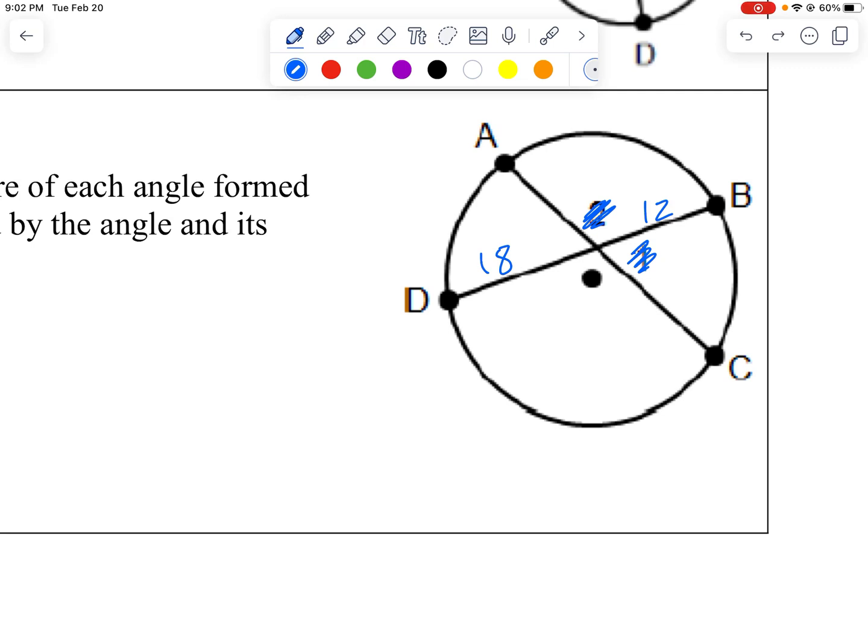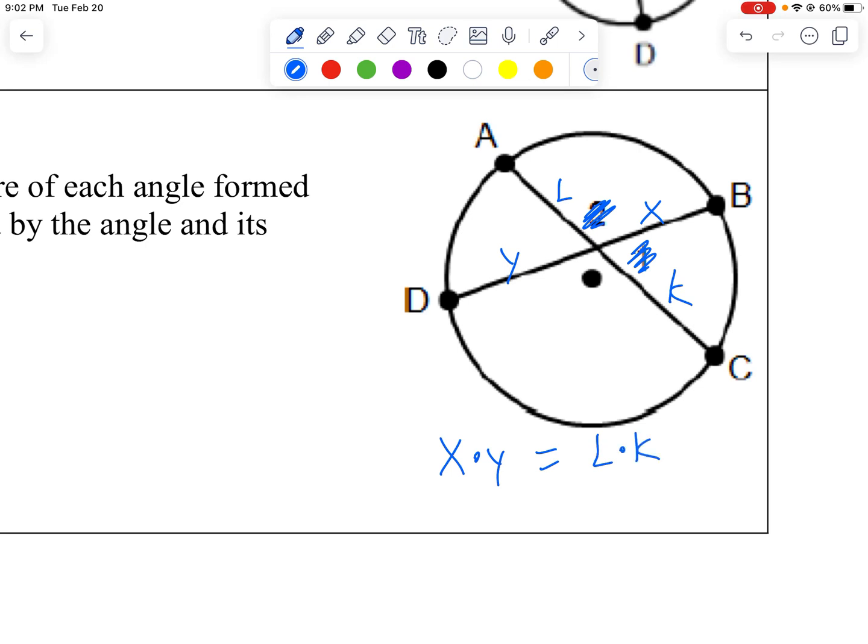So let's just put some numbers here. We got X and Y, and we got, let's call it L and K. The theorem is that X times Y is going to equal L times K.